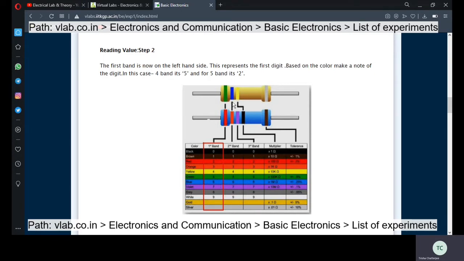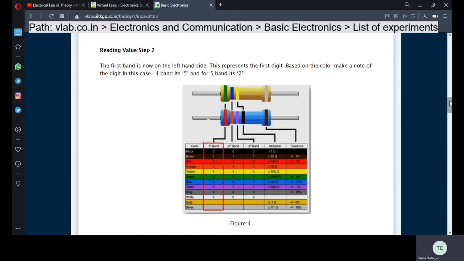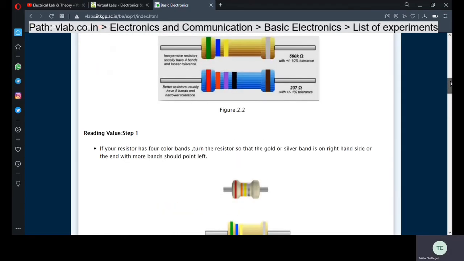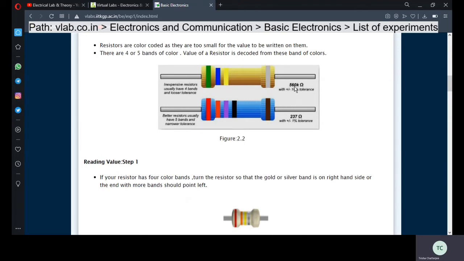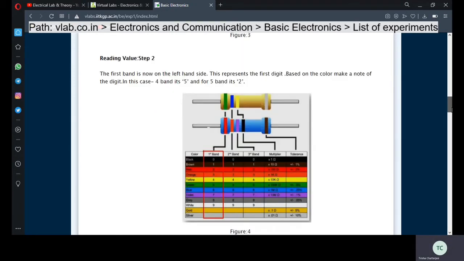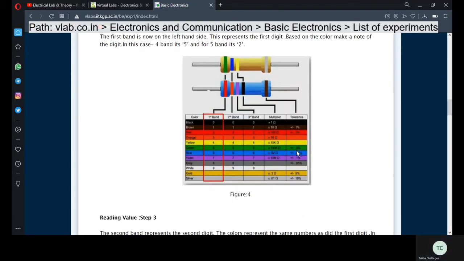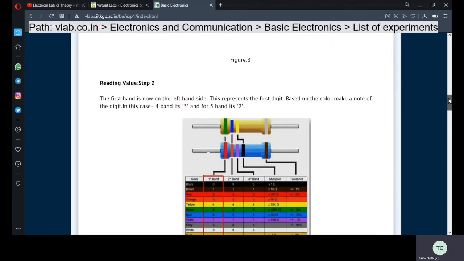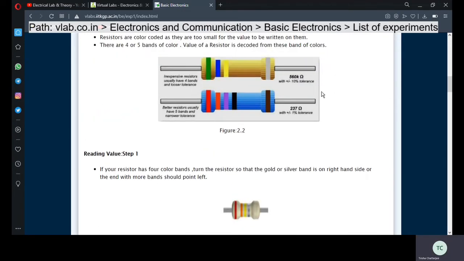Then the yellow means 10 to the power 4, which means 10k, so 560k ohm. The last band, which is the silver band, is our plus minus 10%, right? So that's why its value is 560k ohm with plus minus 10%.